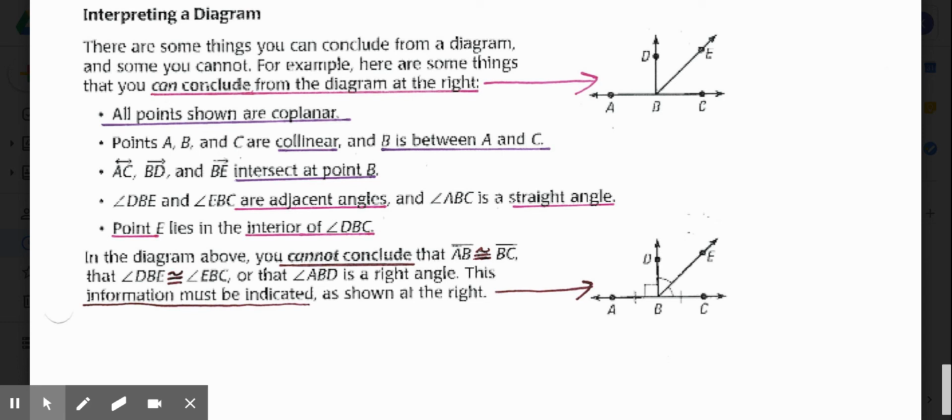The little arc on angle DBE and the arc on EBC mean those are congruent. And the right angle symbol right here tells us ABD is a right angle. So without those symbols, we cannot conclude those pieces.